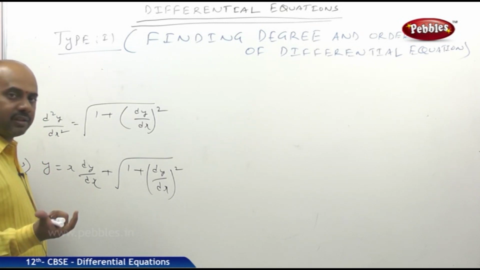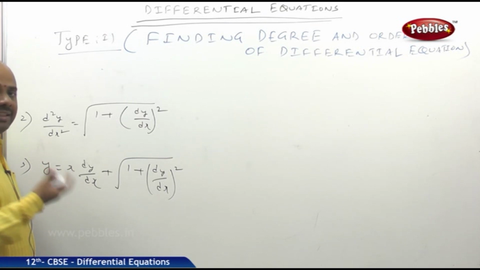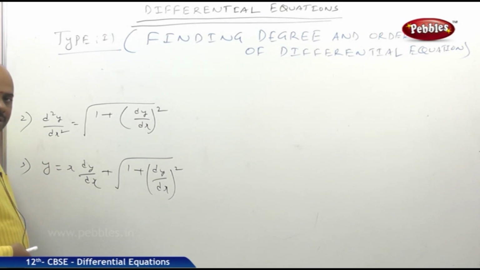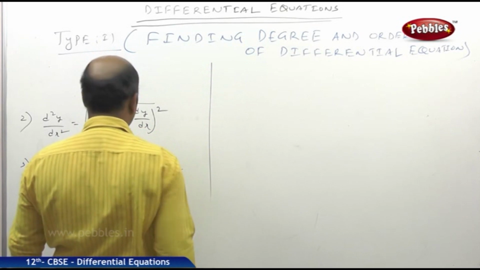If we get the differential equation in polynomial form, then only we can determine the order as well as the degree of a differential equation. Here we are not getting it in polynomial form, so I suggest you square on both sides.